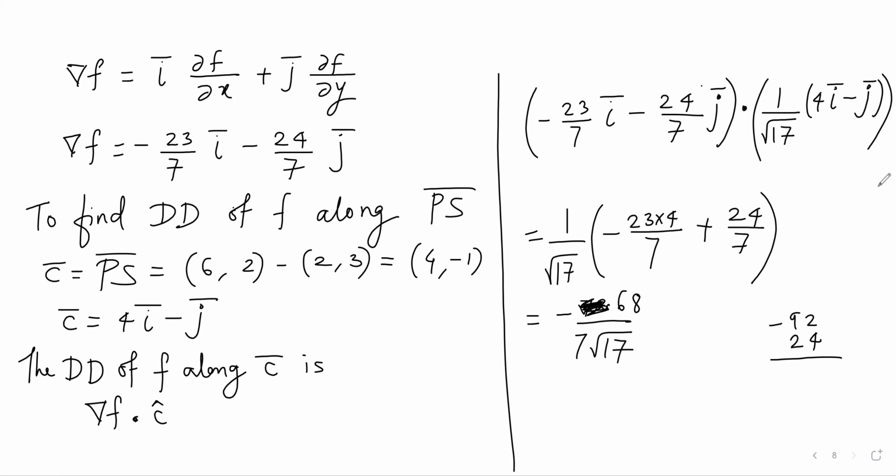Yesterday we saw some property-based examples on gradient, and yesterday only we started directional derivatives, but we completed all the things today. So this completes your one part. Now we'll see in combination all these things while solving the questions based on vector notations.